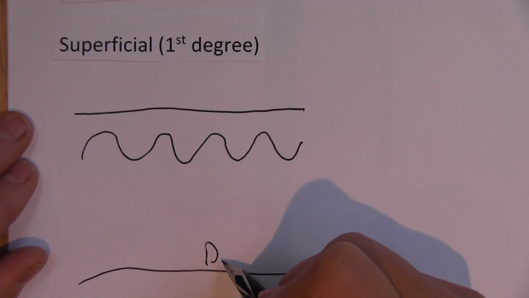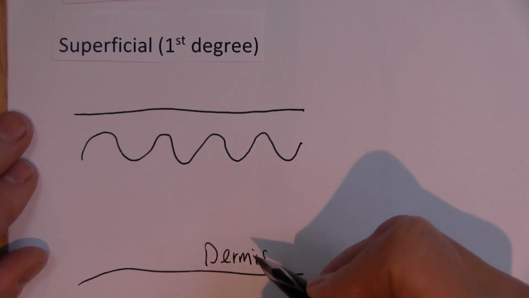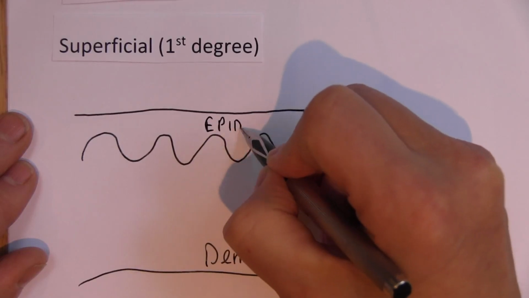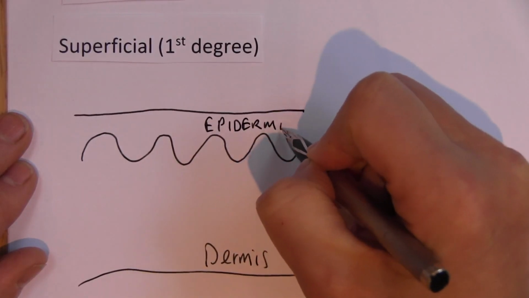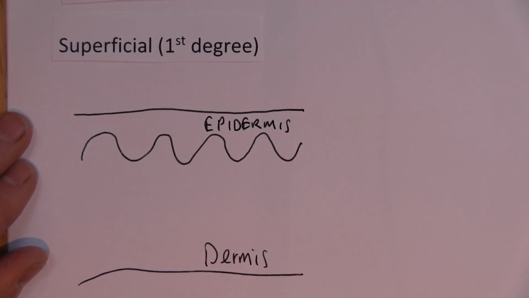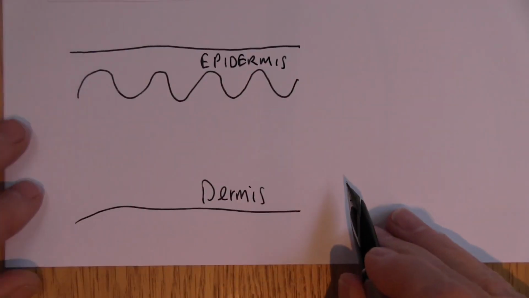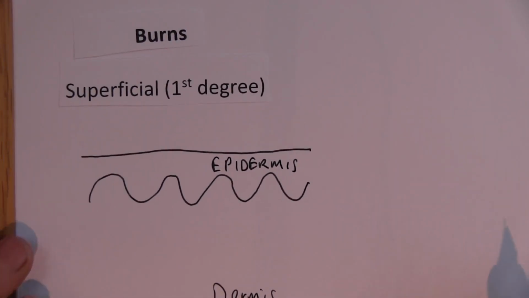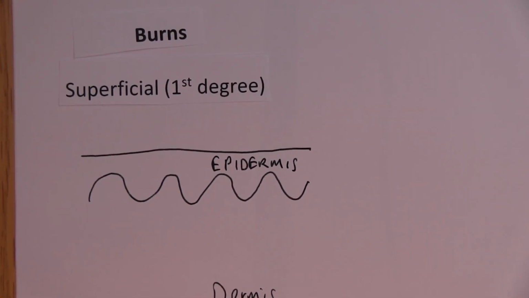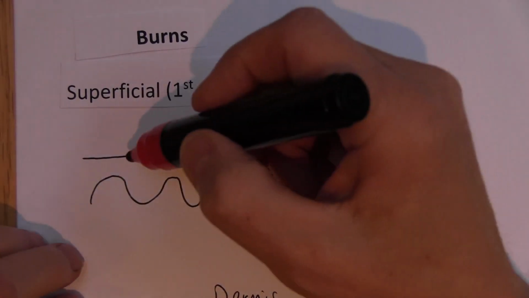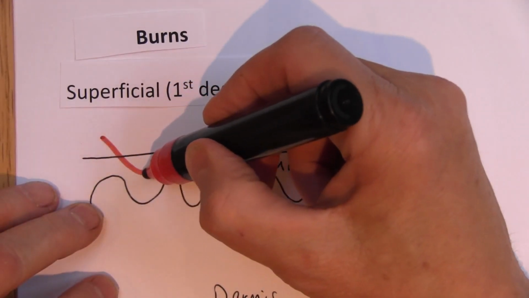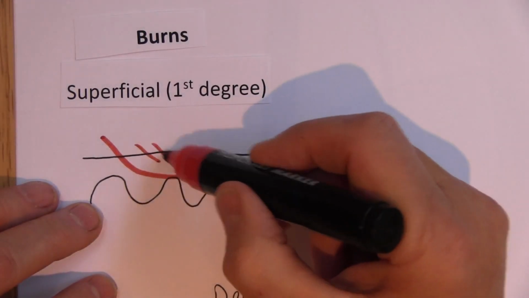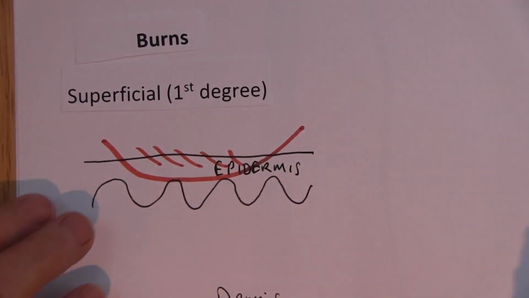So dermis here, from here to here is dermis, epidermis on top, and the hypodermis, the subcutaneous areas below the dermis. Now with the superficial burns, this is affecting the epidermis. So here's an example of a superficial burn, and we see it's damaged the top part of the epidermis here.